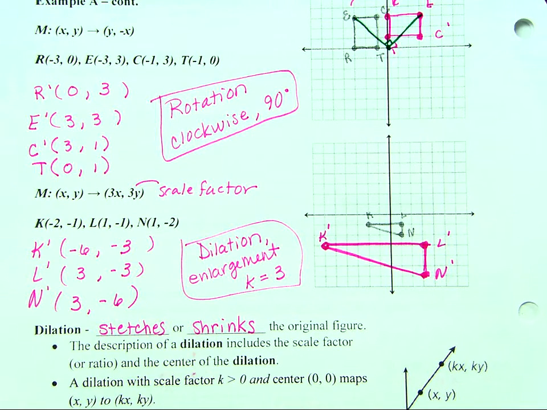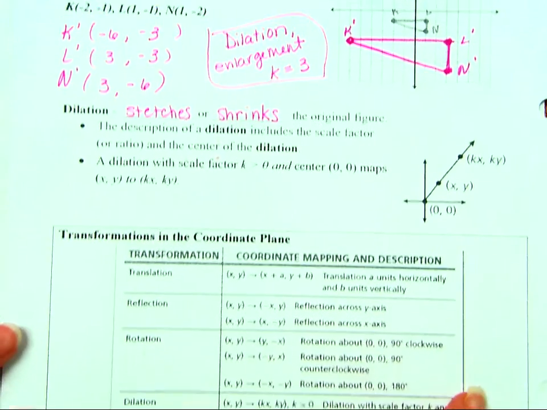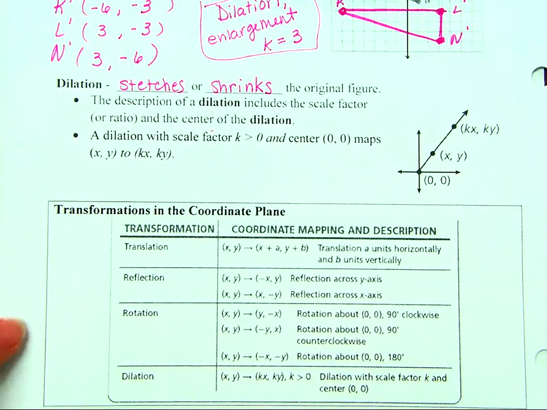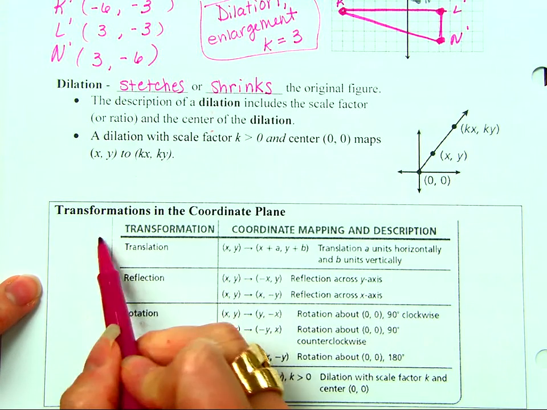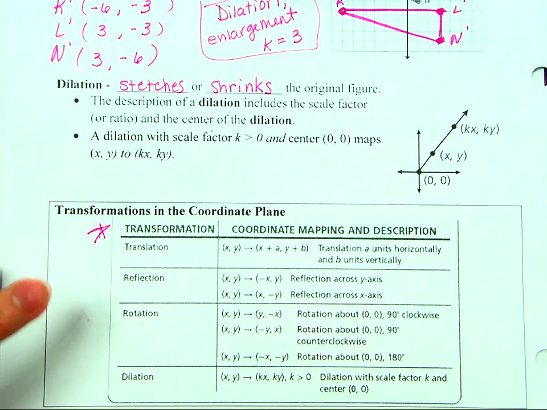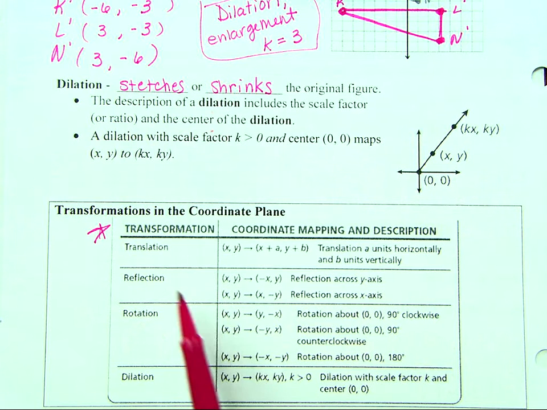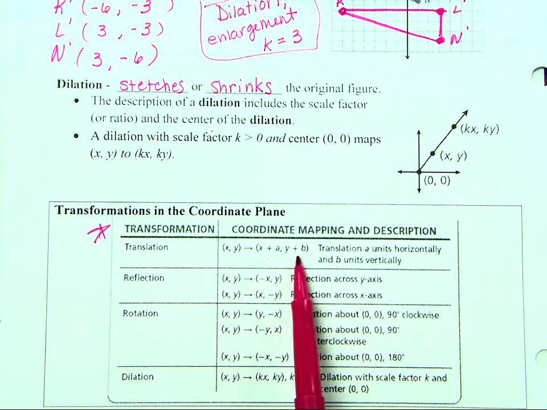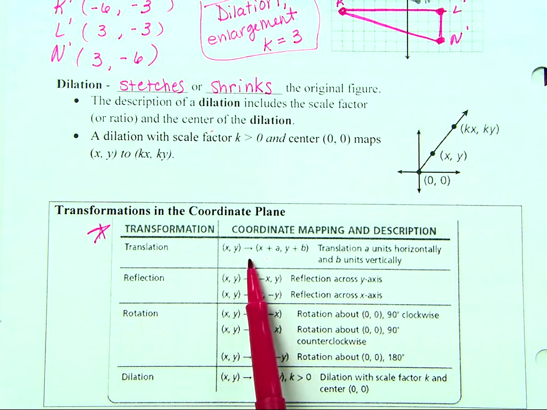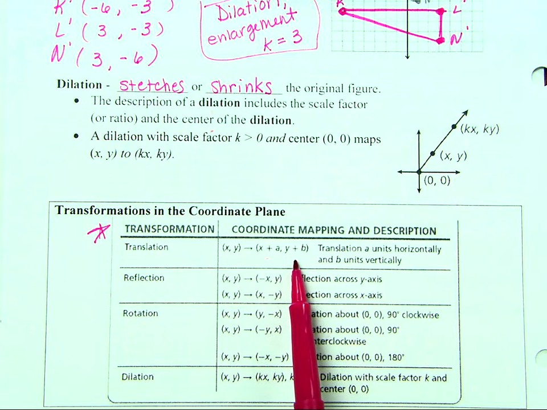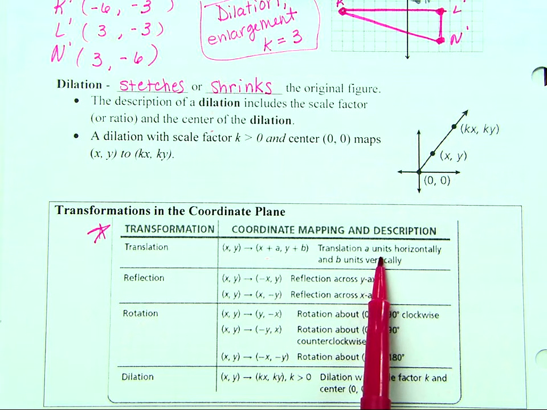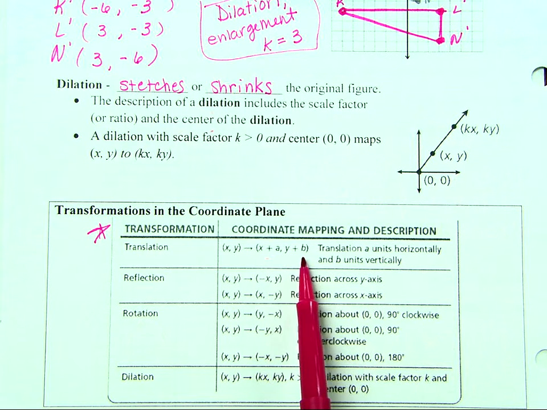Now, as you look below at the bottom, we have kind of a summary of our transformations. These are the 4 that we have talked about, and they describe our rules. So a translation, I know the rules written in this form, x plus a and y plus b, where a tells me how many units it's moving horizontally, and b tells me how many units it's moving vertically.